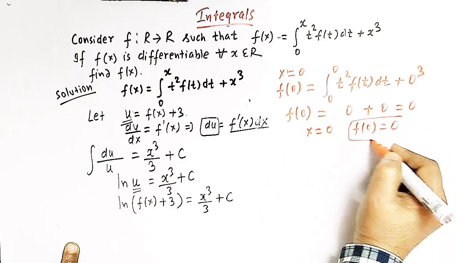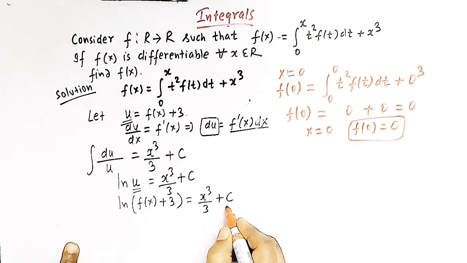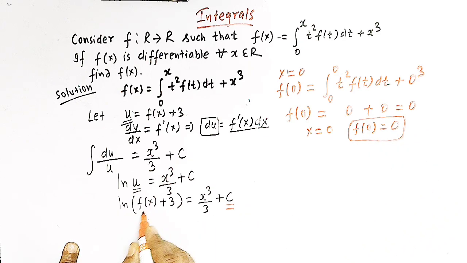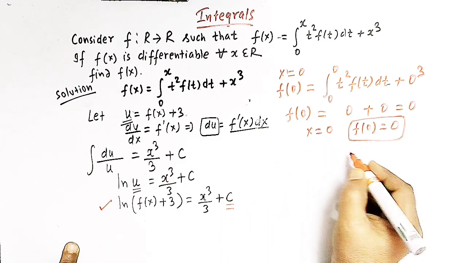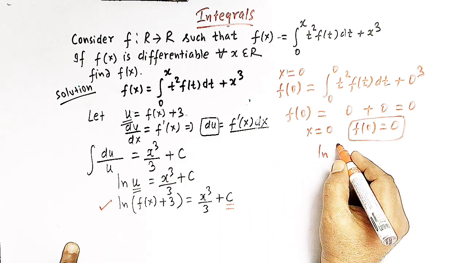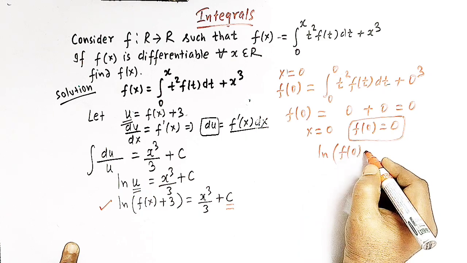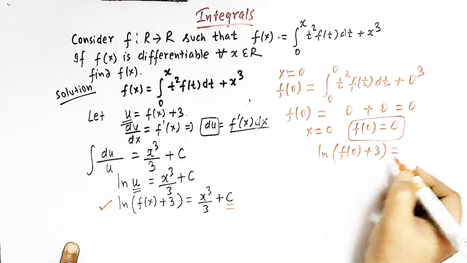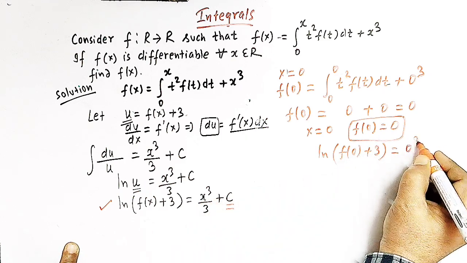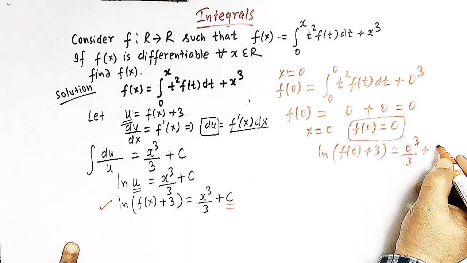So let us apply this condition to get the value of c. So let us take x is equal to 0 in this equation. So we have now natural log of f of 0 plus 3, and here we have 0 cube over 3 plus c.